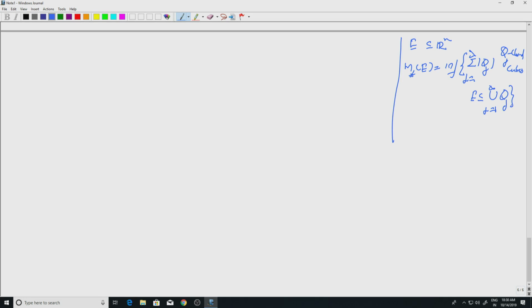Okay. So, with this, let us look at easy examples. One. Take E to be a singleton, x naught a point in Rn. What is the outer measure of E? What is m star of E?